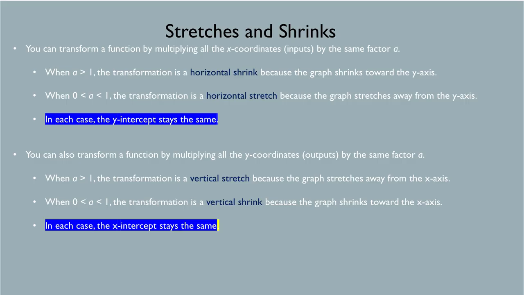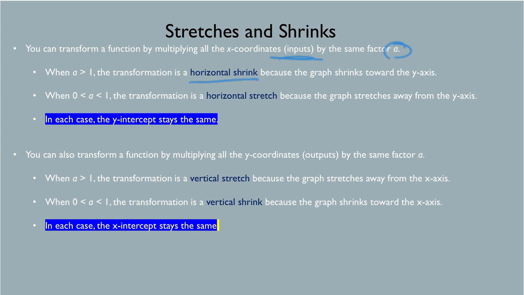Stretches and shrinks. You can transform a function by multiplying all the x coordinates, which are inputs, by this factor of a. Okay, do we know what a represents? No, but it represents a number. If a is greater than 1, the transformation is going to be a horizontal shrink, because the graph shrinks towards the y-axis.